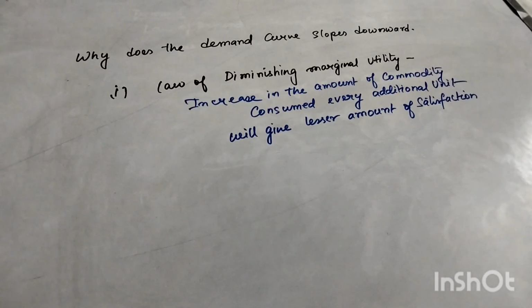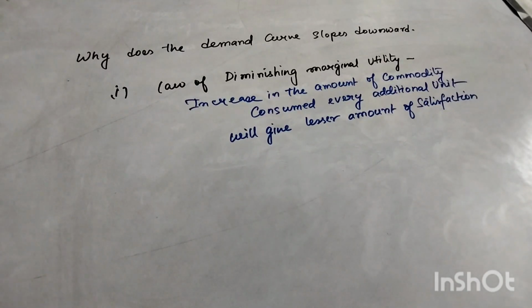So due to this law, our demand curve slopes downwards. That means the more units of commodity we consume, the additional utility will give us lesser satisfaction. So this is called diminishing marginal utility.